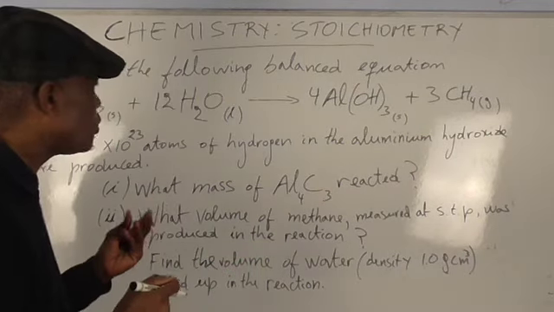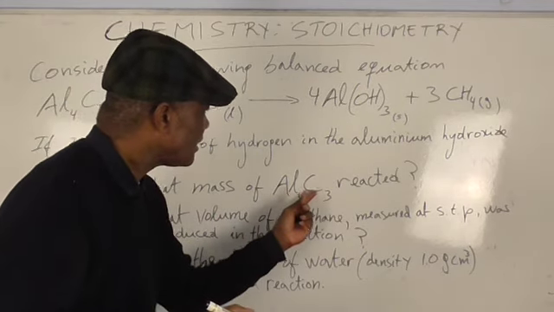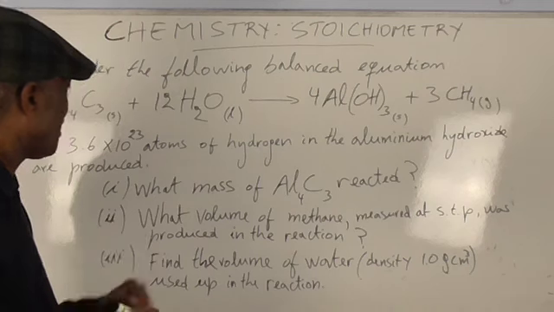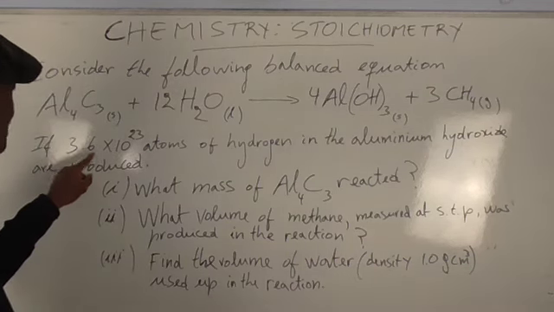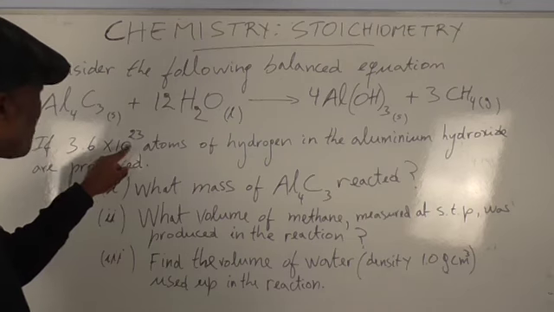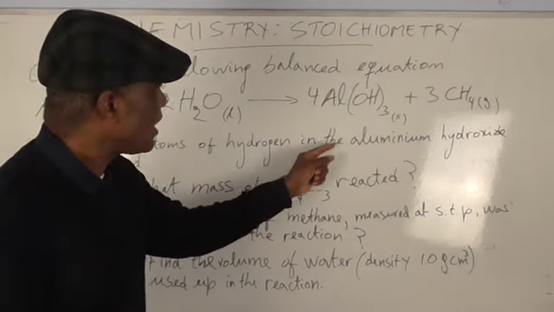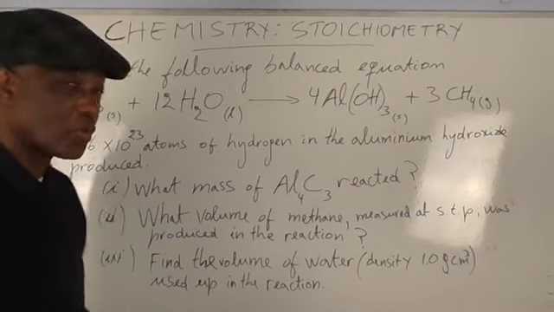Now we need to know the mass of aluminium carbide that reacted in this reaction. But we have been given the information that 3.6 multiplied by 10 to the power 23 atoms of hydrogen in the aluminium hydroxide are produced.